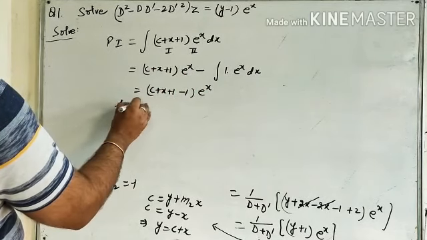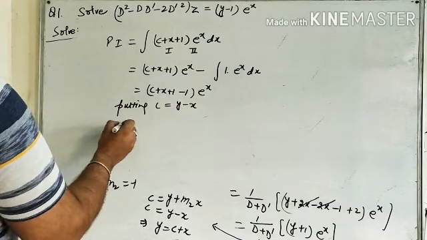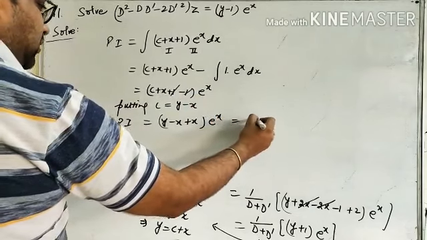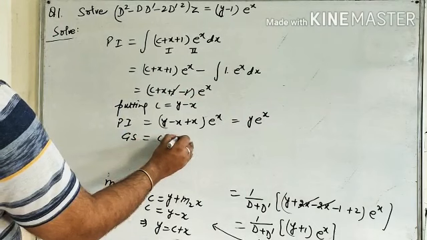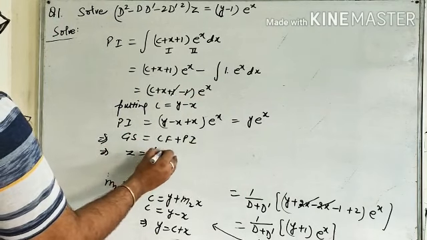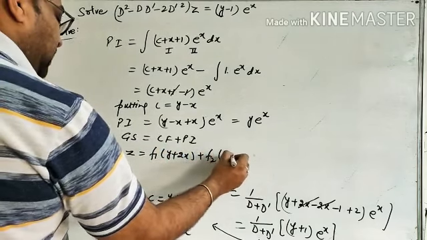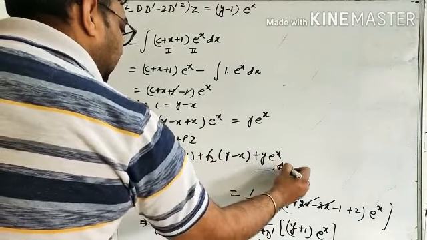Now putting c equals to y minus x, PI is equals to y minus x plus x, e raised to power x, or equals to y e raised to power x. Hence GS is equals to CF plus PI, or z equals to f1 of y plus 2x plus f2 of y minus x plus y e raised to power x.